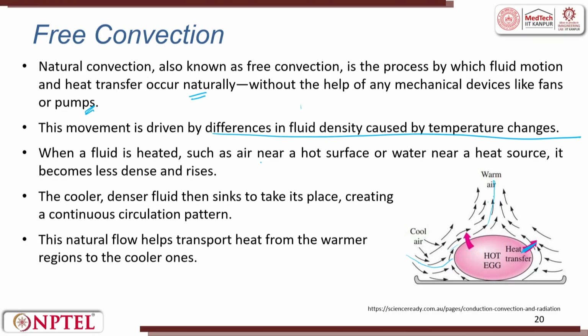When the fluid is heated, such as air near the hot surface or water near the heat source, it becomes less dense and then rises. The cooler dense fluid then sinks to take its place, creating a continuous circulation pattern. This natural flow helps transport heat from the warmer region to a colder region.